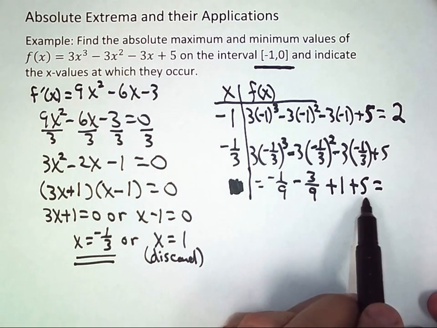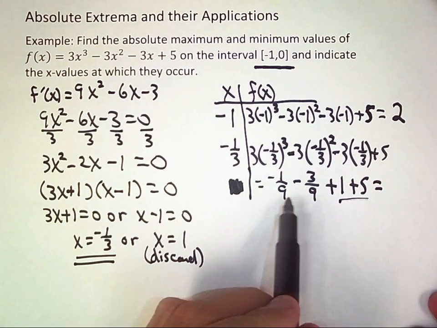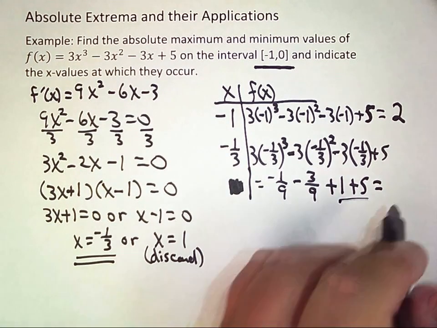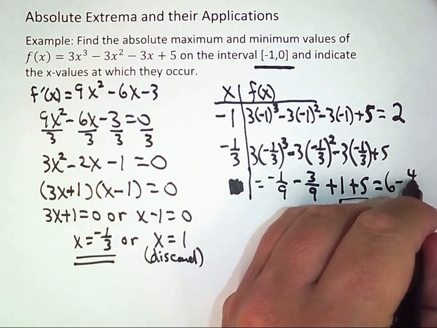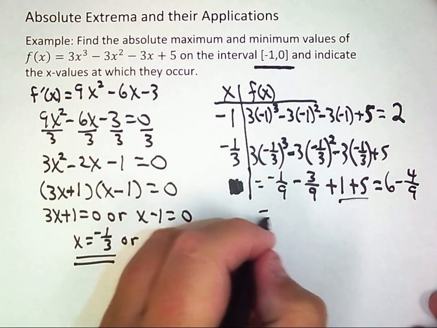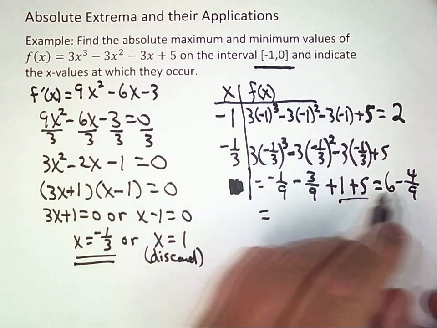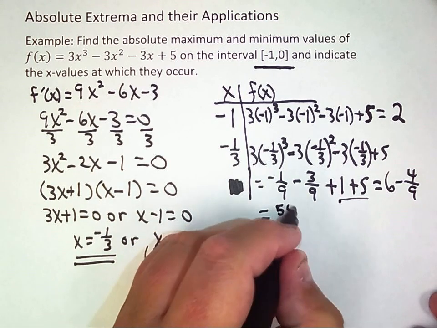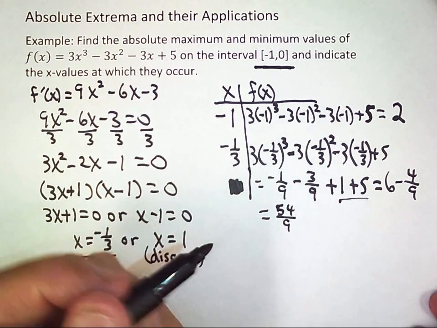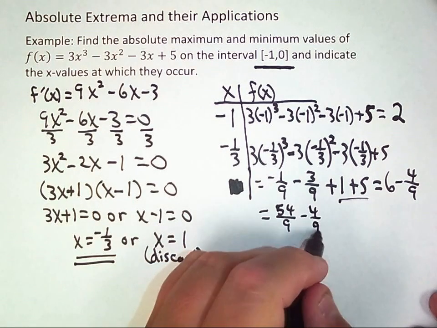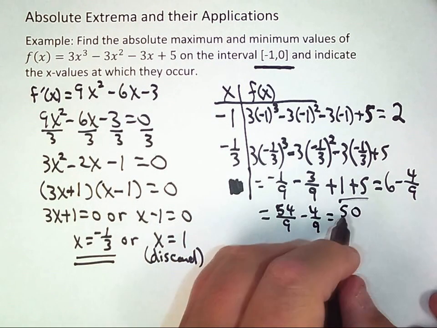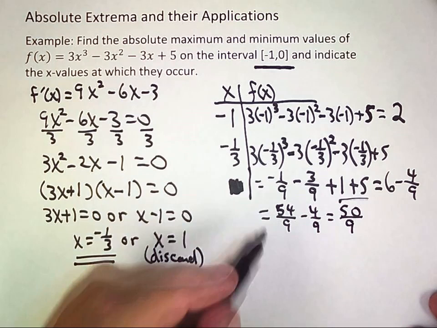So what you get here is 6, and then that's -4/9. You get 6 minus 4/9, and remember 6 is actually 54/9 minus 4/9, and after a lot of arithmetic you get 59.